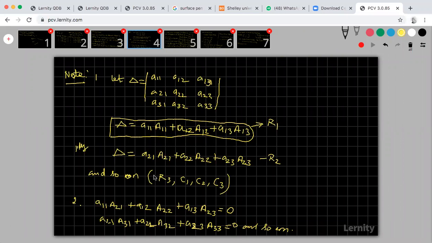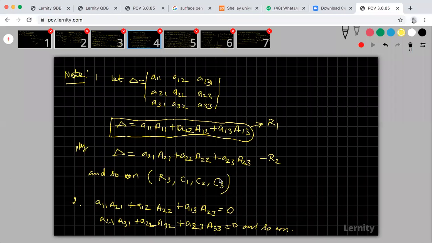Similarly, we can find the determinant value using R3 cofactors. We can also find the determinant value using C1 cofactors, C2 cofactors, C3 cofactors. The elements and the corresponding cofactors are multiplied and we take the sum, which is equal to the value of the determinant. That is a very important one. Okay. Please note that. Important note.